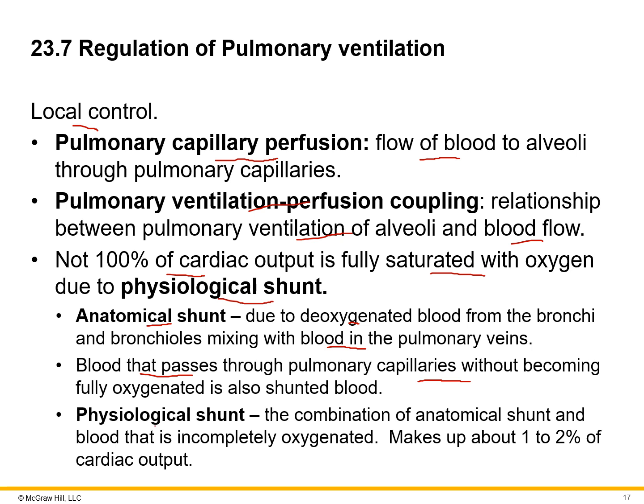And then we have the physiological shunt, which is the combination of the anatomical shunt and the blood that's incompletely oxygenated. This is about 1 or 2% of that cardiac output. So there's some control of our ventilation coming in just within the lungs itself.